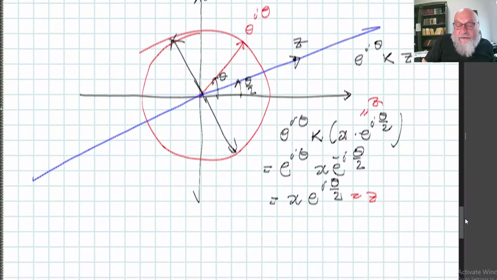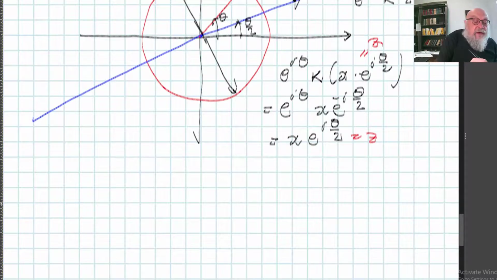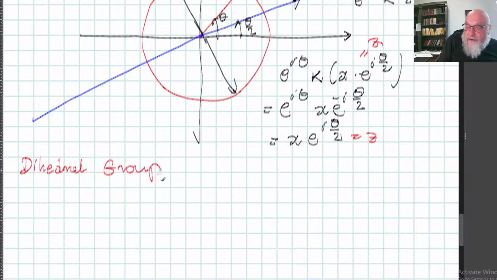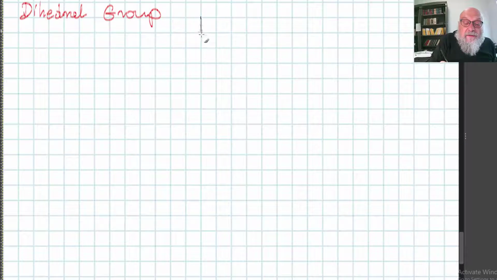So while we are talking about this, we want to introduce the notion of the dihedral group, and this group is related to the symmetries of the regular n-gon.